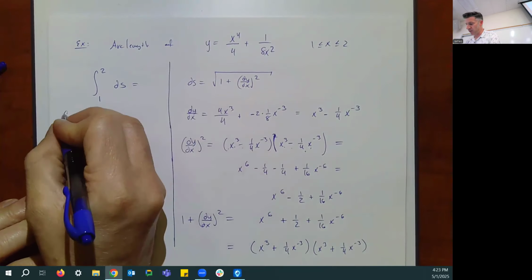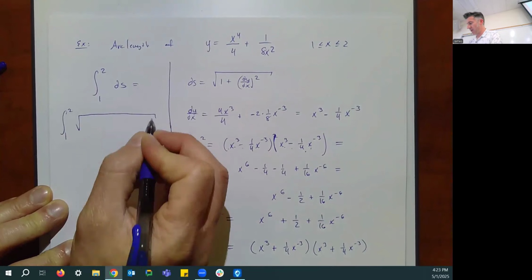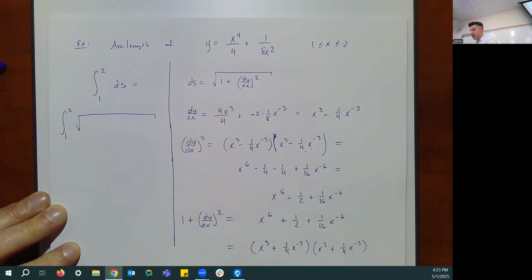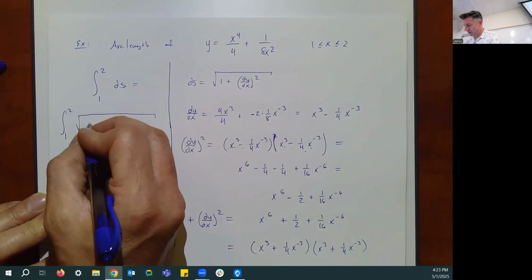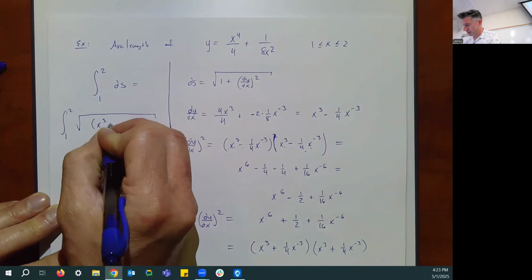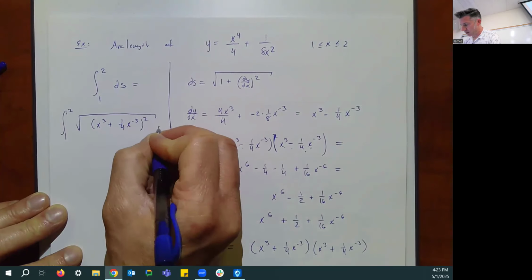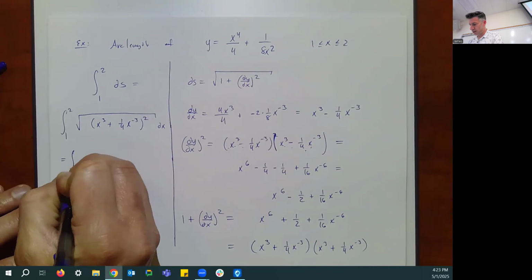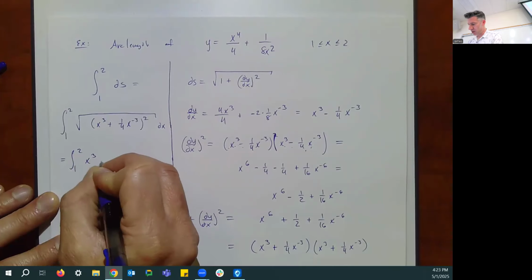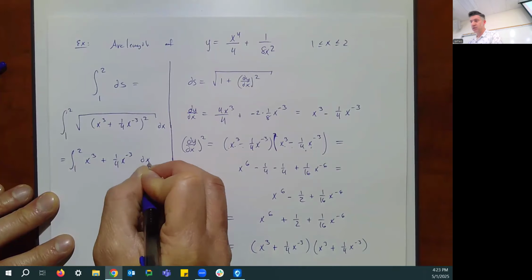So here's what we end up getting: the integral from 1 to 2 of the square root of, I'm not going to write all this down again, my 1 plus dy dx squared is that. It's the square root of x cubed plus 1/4 x to the negative third, squared. But the square root of the thing squared is just the thing. So this is just the integral from 1 to 2 of x cubed plus 1/4 x to the negative third.